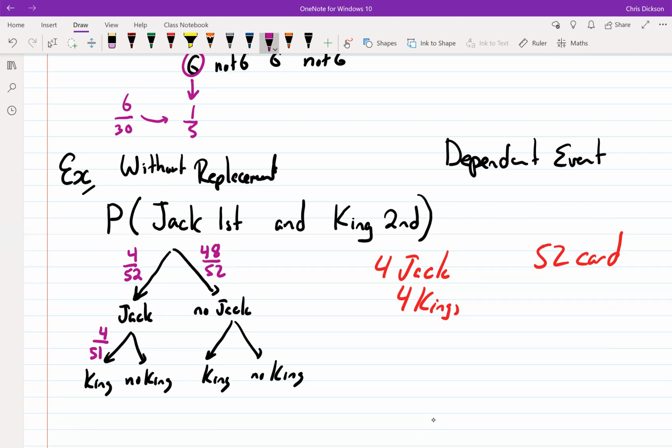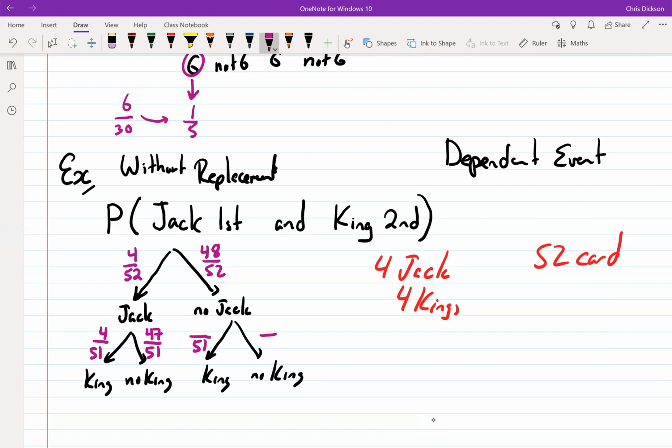And of course, for no kings, you have 51 cards, because you've already taken the jack out, and that would be 47. So there'd be 47 cards that are not kings in the deck. And let's say you didn't pick a jack, there would be 51 cards, right?